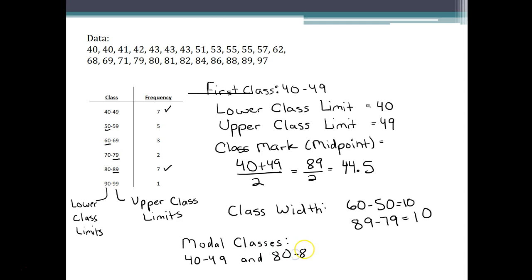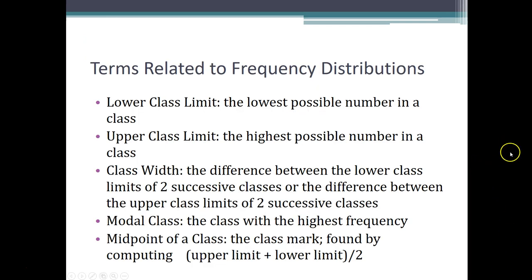And that's it. Whatever that highest frequency is, the class or classes that has that would be your modal class or classes. Nothing else. Okay, so I think we covered all of those definitions there.